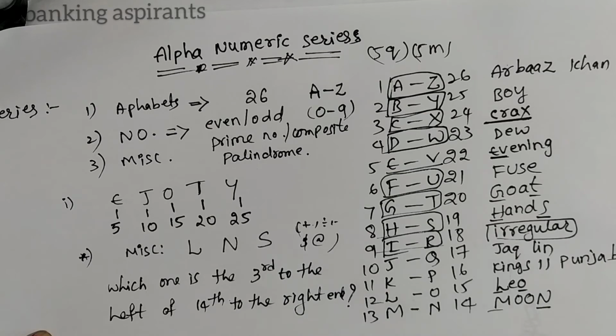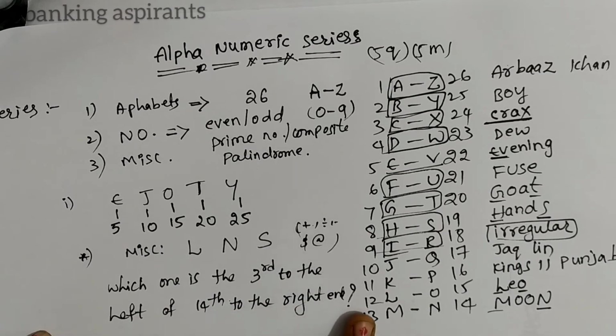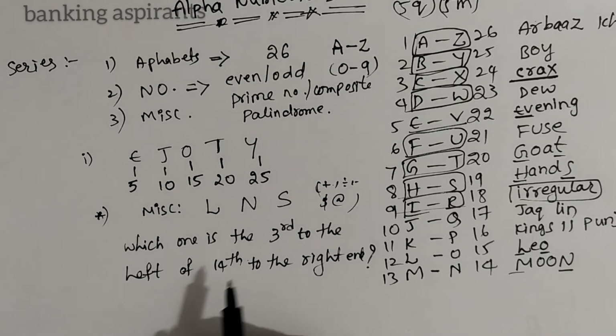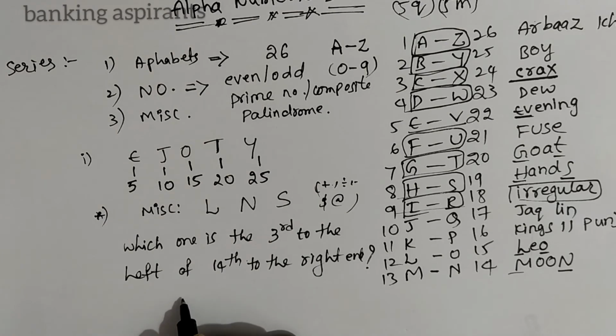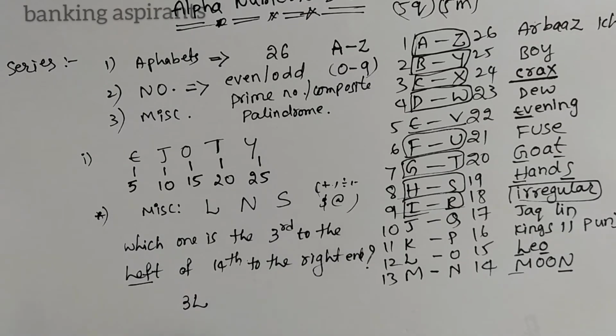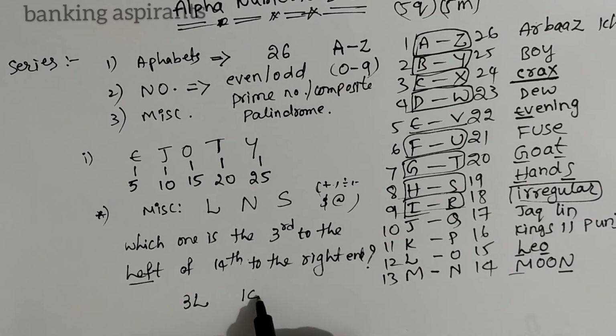Here, which one is the third to the left of the 14th to the right? Here we have third, and the direction is left, so third left. Next one is 14th right.